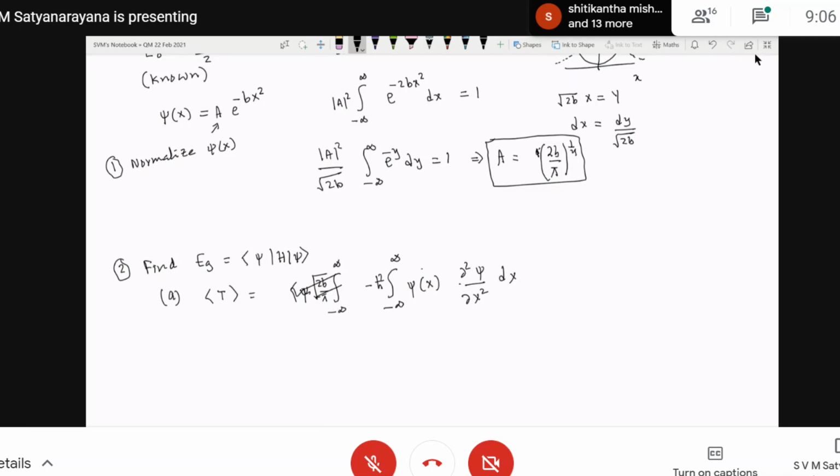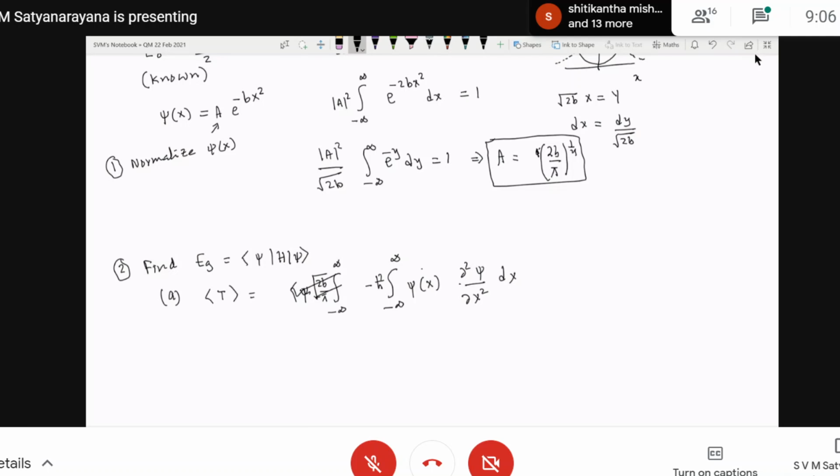So you can see that this can be written as h bar square. A square we know, A square is root 2b by pi, and then I have this 2b square divided by 2b into root 2b, that is this much, and you have a 2 and a root pi by 2.